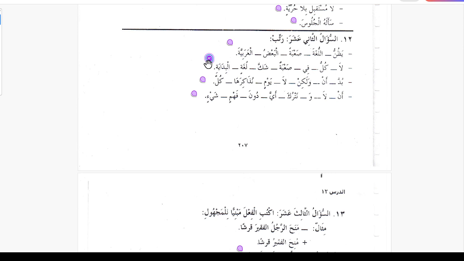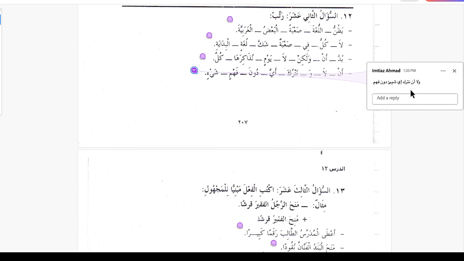For next one, La shakka kullu lugatin sobatun fil badayati, there is no doubt that all the languages are difficult in the beginning. So this is how we can put in order. And the third one, walakin la budda an nazakiraha kulla yawmin, but we must study it every day, kulla yawmin.